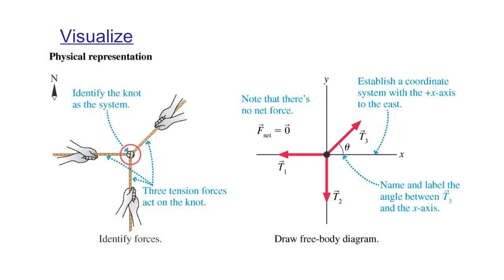Do you remember this from algebra? We have two equations in two unknowns. If I want to solve for some variable in an algebraic problem, I have to have the same number of equations as I have unknowns, or I can't determine it. Here you have two equations, exactly two unknowns, theta and T3. T1 and T2 are what Alice and Bob are pulling.